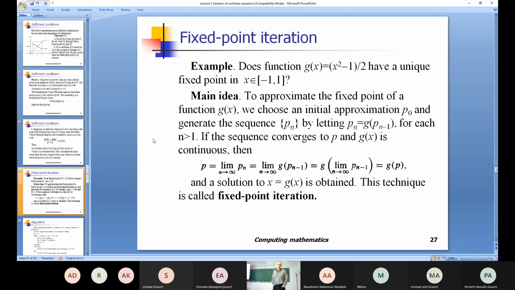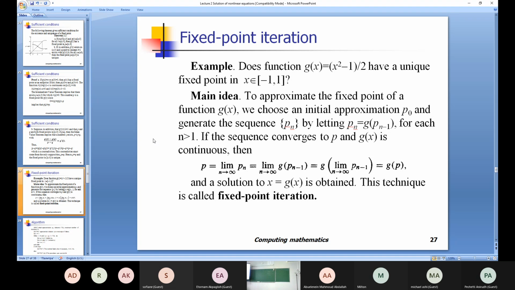What is the derivative of the function x squared minus 1 over 2? We have the rules of differentiation. This function is very simple. You can find the exact value of the derivative. X. Right? Just x.